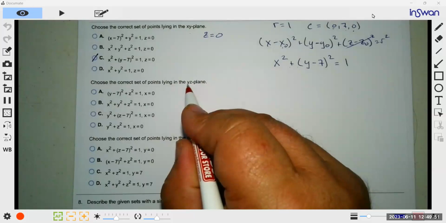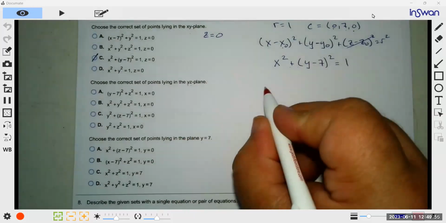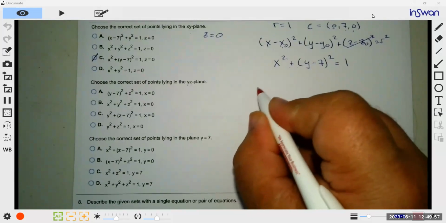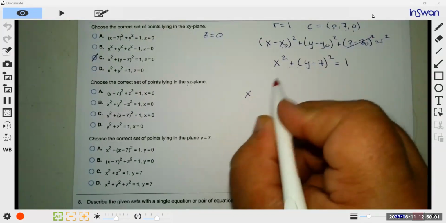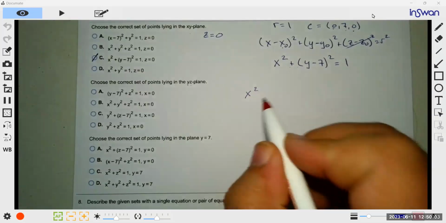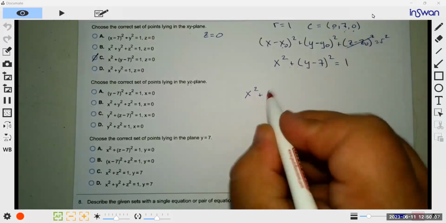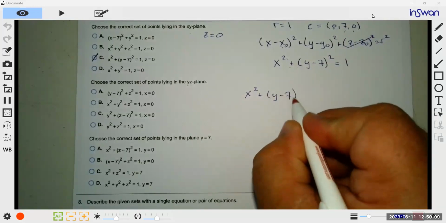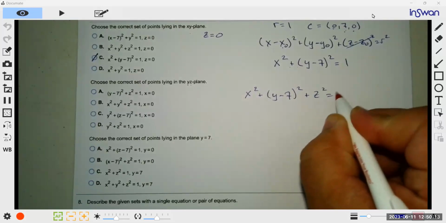For the YZ plane, again we have the same thing. x is 0, so it's just x squared. The second one, since y is 7, it's y minus 7 squared plus z squared equals 1.